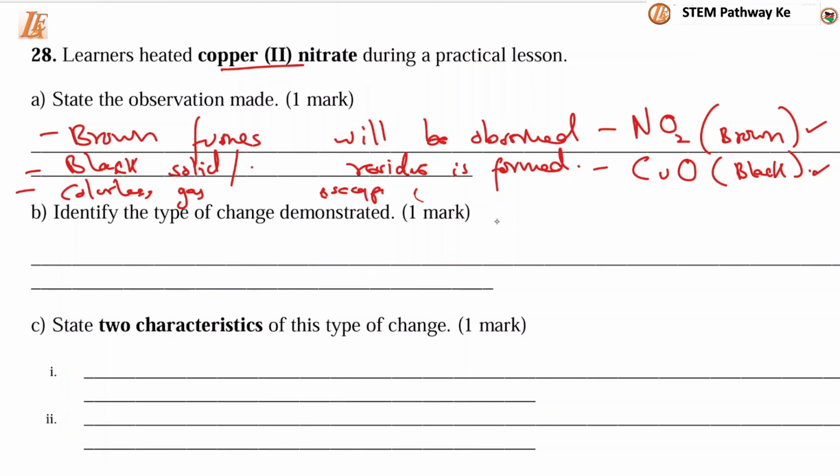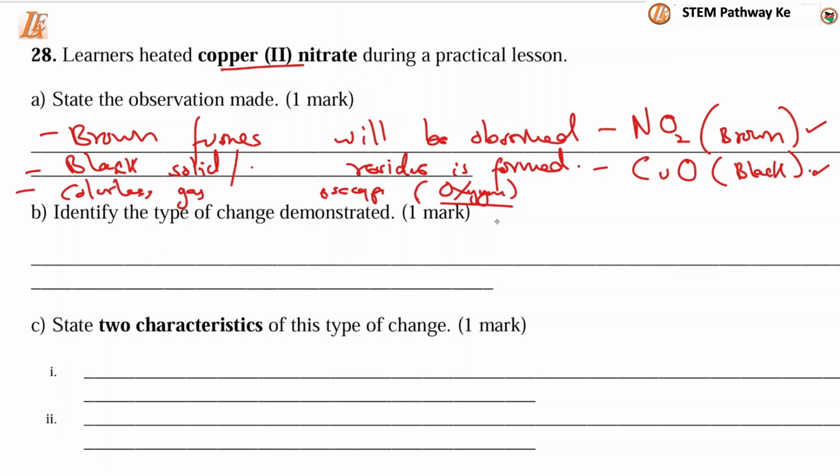This colorless gas is oxygen gas. So when you heat copper 2 nitrate, oxygen gas is produced and escapes to the environment. Nitrogen 4 oxide gas, which is brown, is produced and escapes to the environment. You only remain with black residue, which is copper 2 oxide.